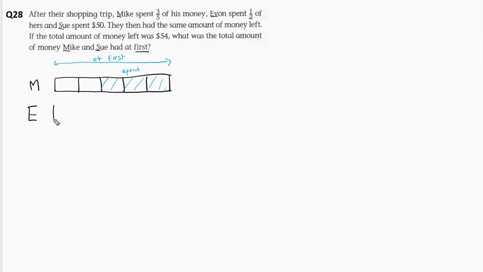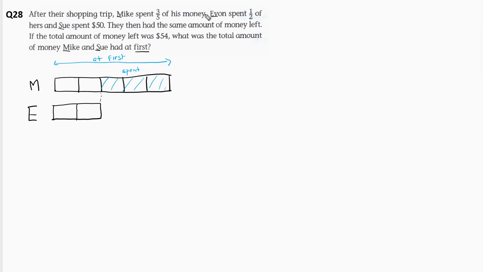So that means I can draw this for Yvonne. She had this amount of money left. It's the same as what Mike has left. I like to keep the parts equal, so I'm going to give her 2 parts. This is what she had left.